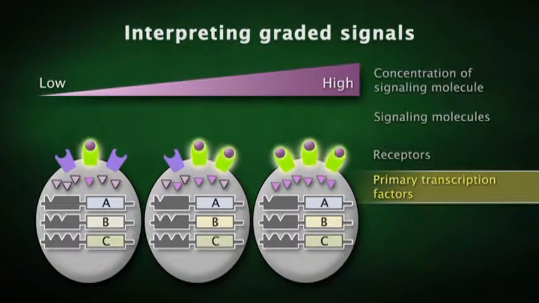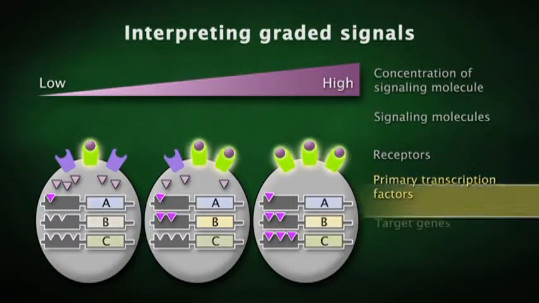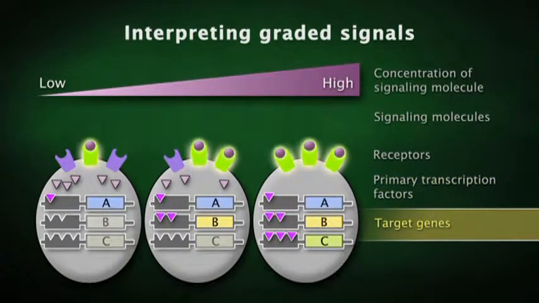And so as a function of the concentration of signal, you activate different levels of these transcription factors, the purple triangles shown here. And these are proteins then that, once activated, will seek out target DNA sequences with which to bind. And we see at this point that there's a difference between these 3 cells measured in the different concentration of transcription factor.